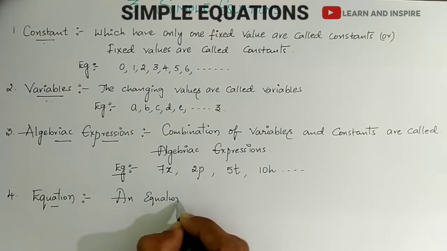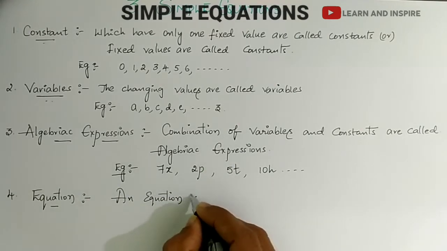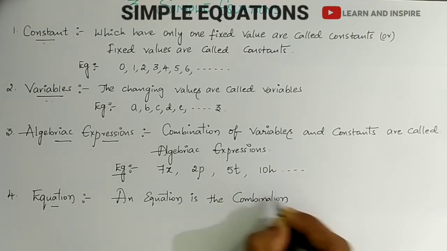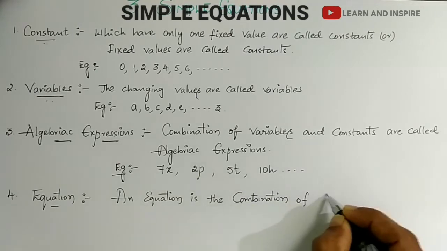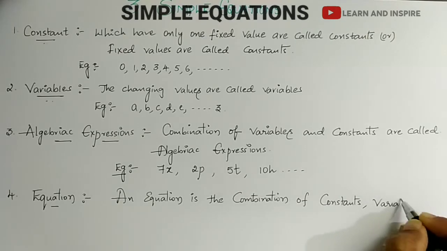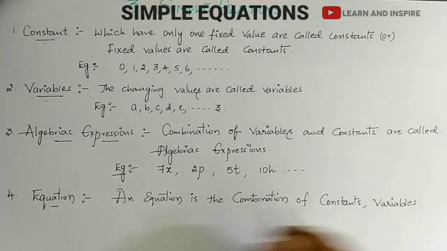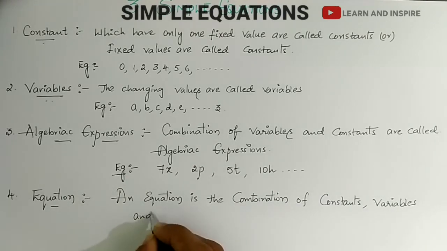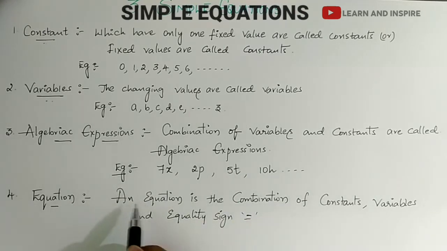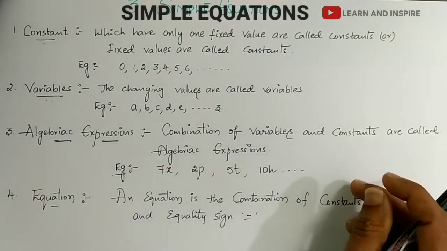An equation is the combination of constants, variables, and the main important thing is the equality sign. We all know the equality sign is equals. So this is an equality sign. An equation is the combination of constants, variables, and equality sign.